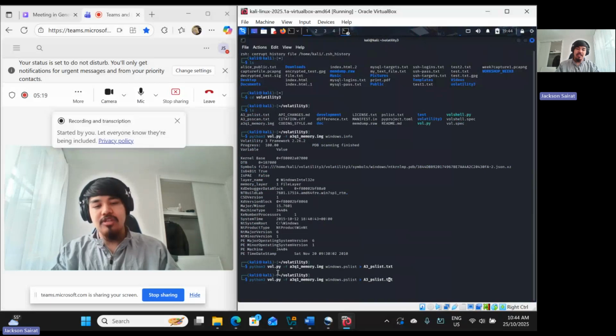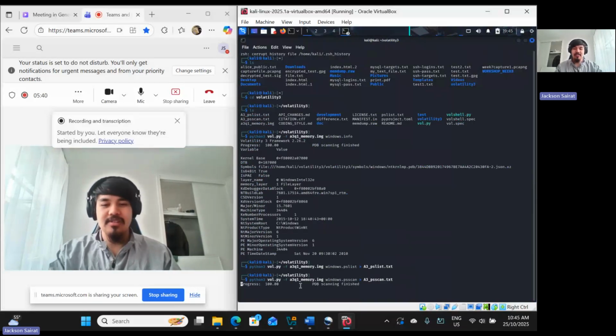And then we'll do it again, but this time we do psscan. Psscan is used to extract hidden as well as deleted processes in the memory during the scan. Now, this also includes regular processes captured during time of capture.